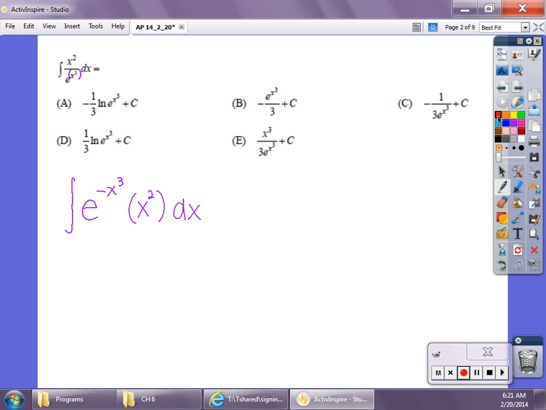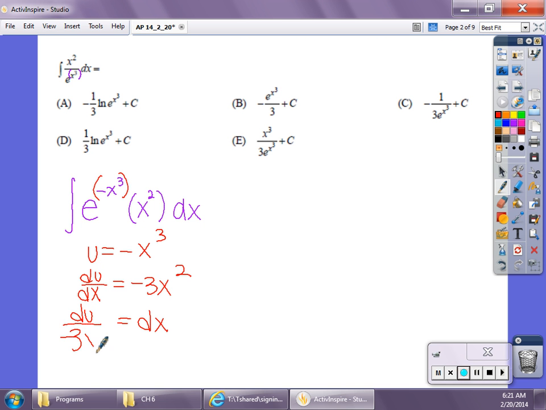If you see it this way, your u becomes negative x cubed. So du dx is equal to negative 3x squared. dx is equal to du divided by negative 3x squared. And remember, we're looking to see if the variable term that was in our derivative is multiplied by dx, which it is, and that's how I know this was going to work.